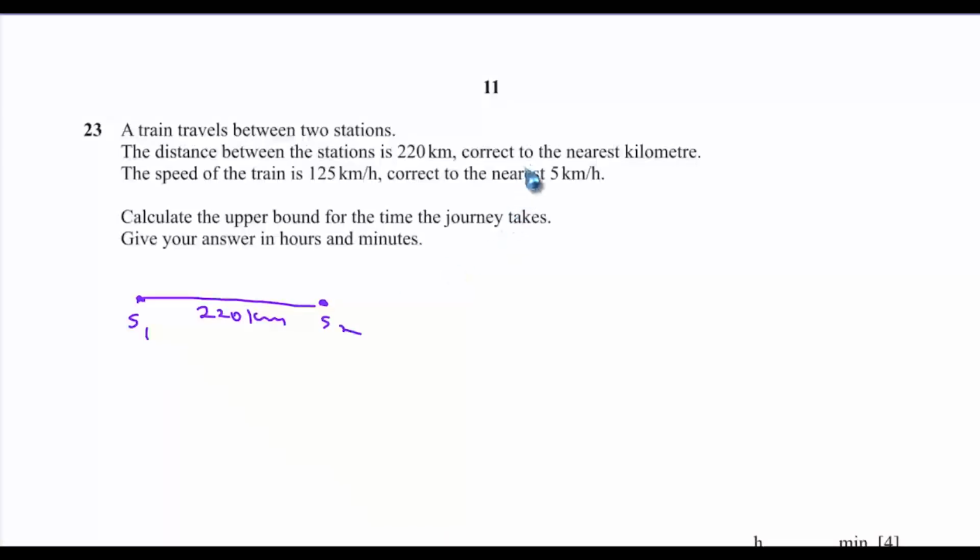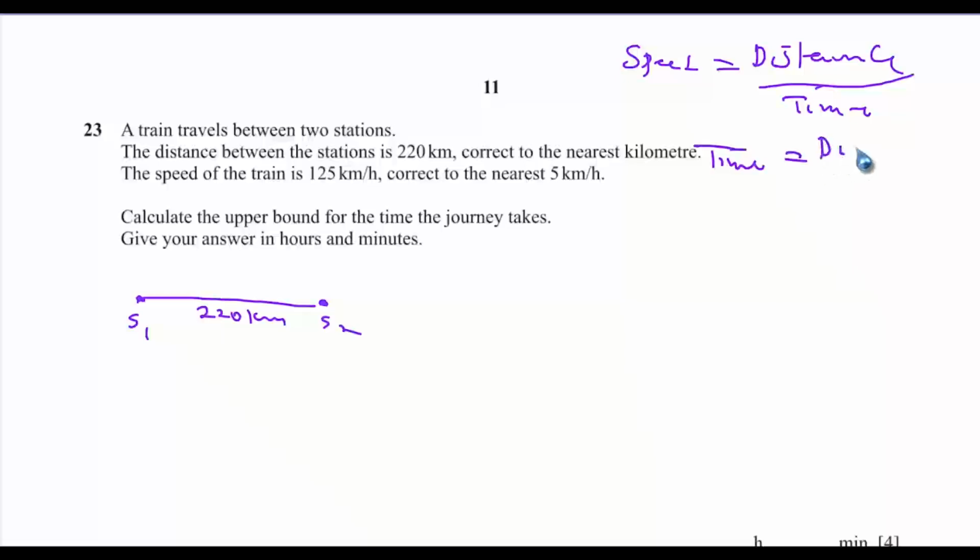So we know that speed is equal to distance over time, and to get the time, we make time the subject of the formula. That will be distance over speed. Okay, but we want to get the upper bound for the time.